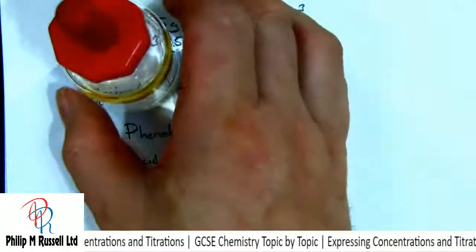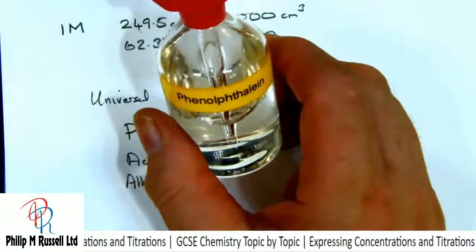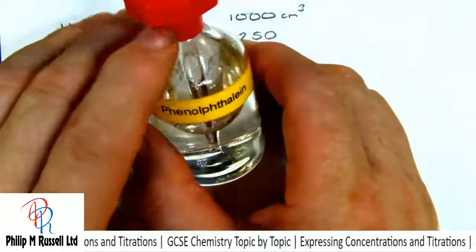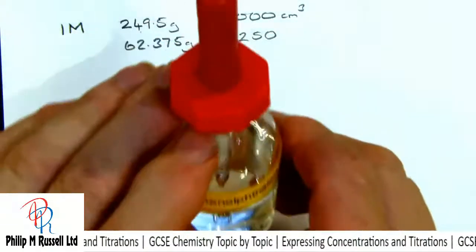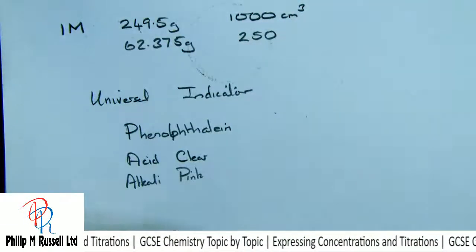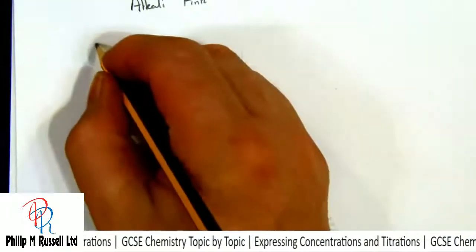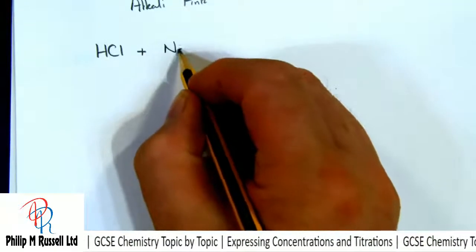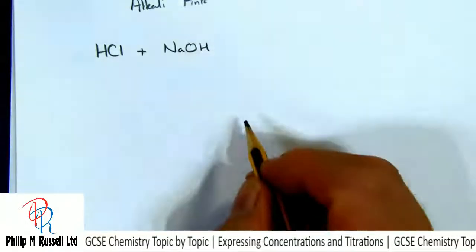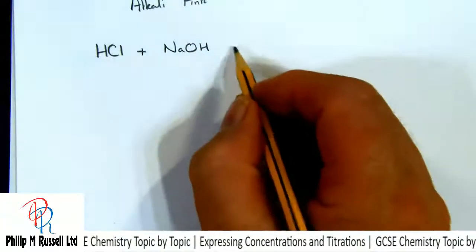We're just going to use one indicator today, and this indicator is going to change dramatically when we go from acid to alkali. And we're going to take a very simple experiment. We're going to take some hydrochloric acid and add that to some sodium hydroxide. Now this we have is an unknown concentration.